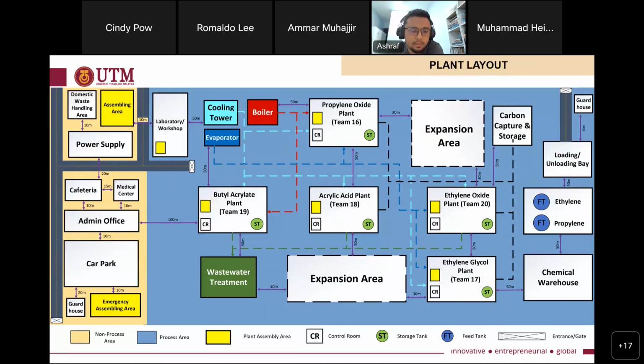May I ask where to locate the domestic waste? Domestic you can maintain here. Scheduled waste normally you can put near to your inventory.